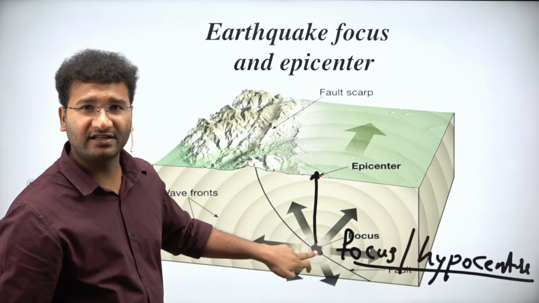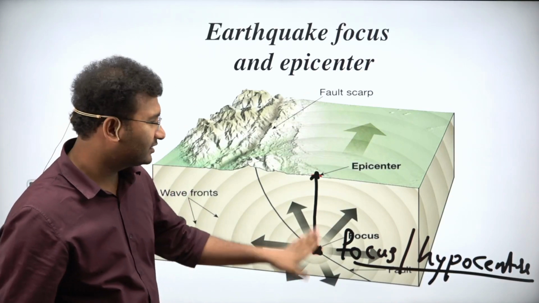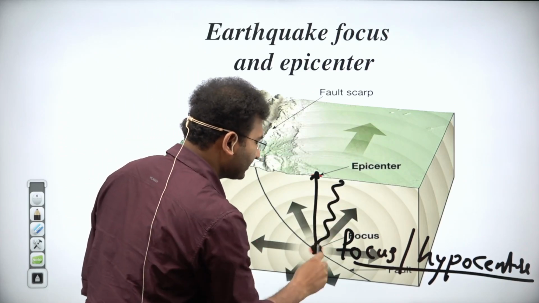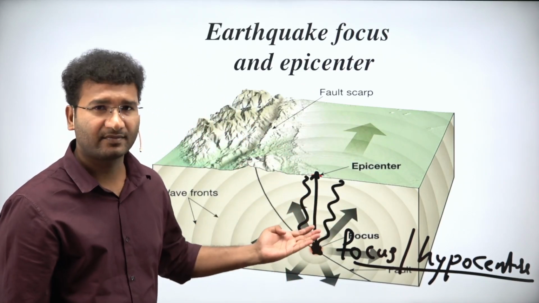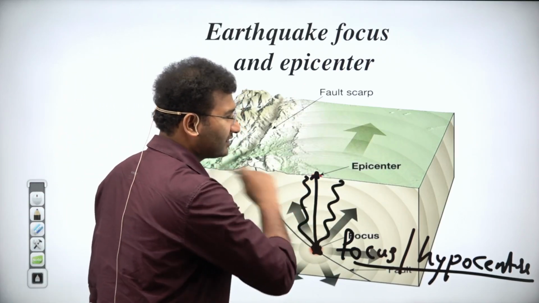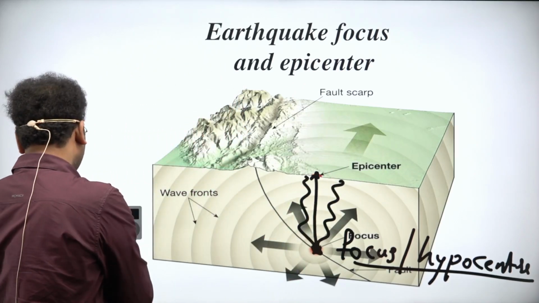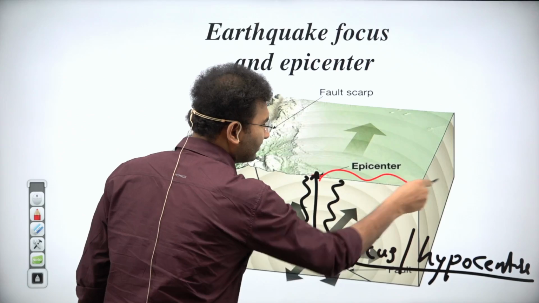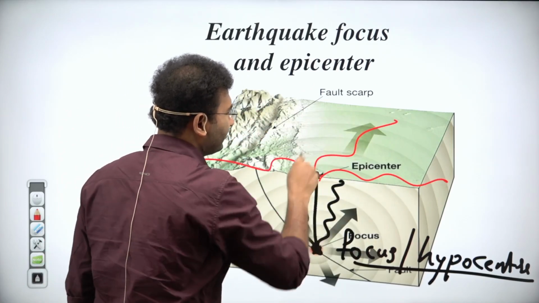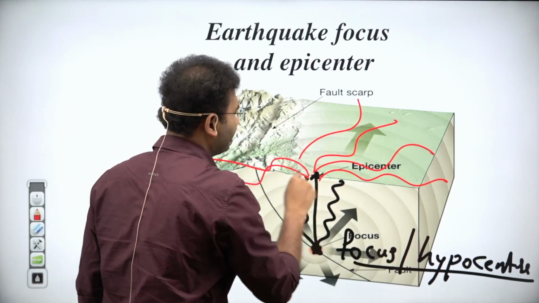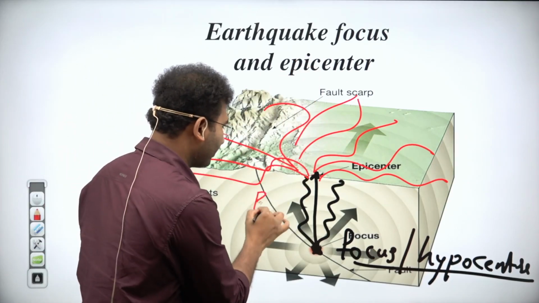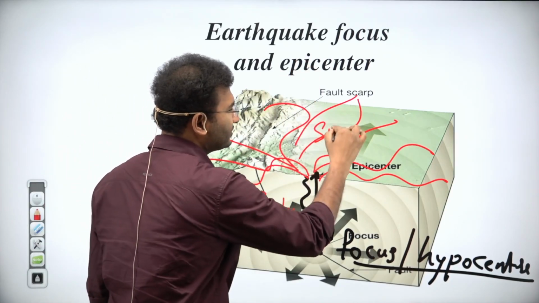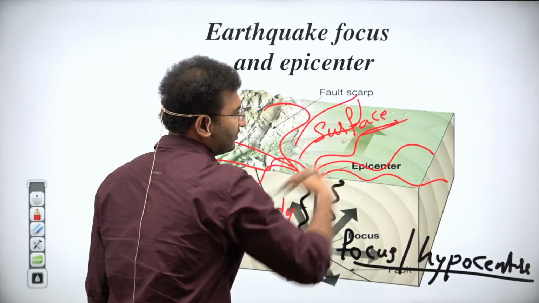Here the energy is released, and the body waves come and reach this particular place, which receives them first, and this is the place where the surface waves tend to move outward. These surface waves travel on the surface, and they create a lot of destruction. That means here you see body waves, and here you see surface waves.